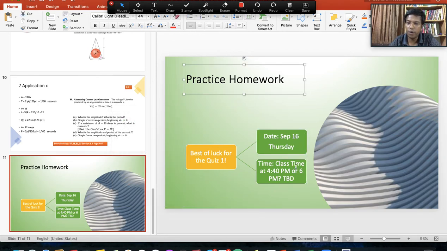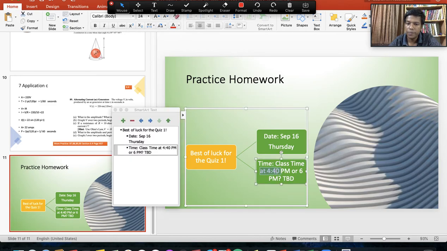We will decide about it during our class time. We can take the exam during the class time at 4:40, or we can take the exam at 6 p.m. Both are doable. No problem with either option.